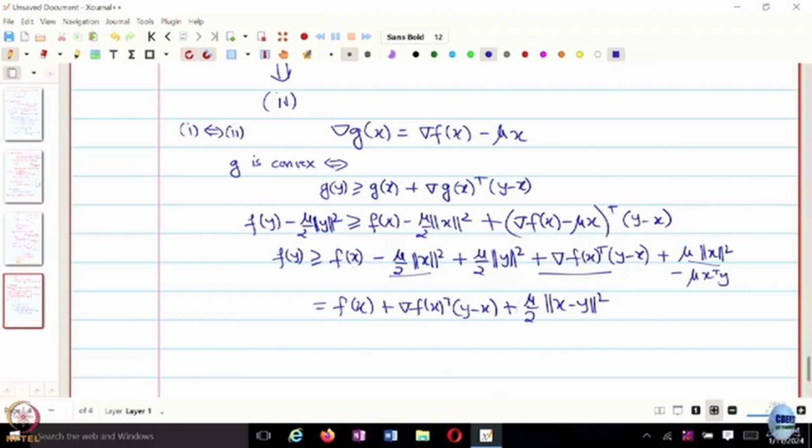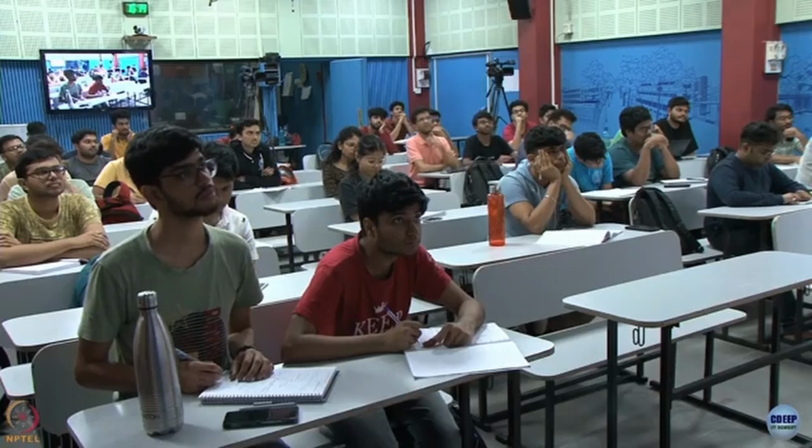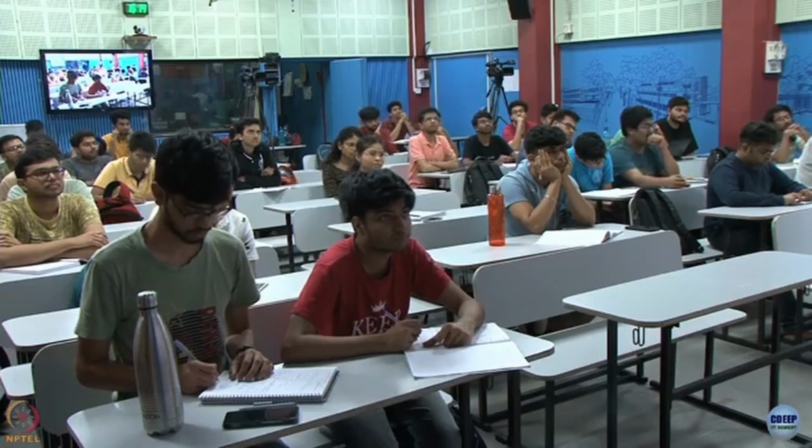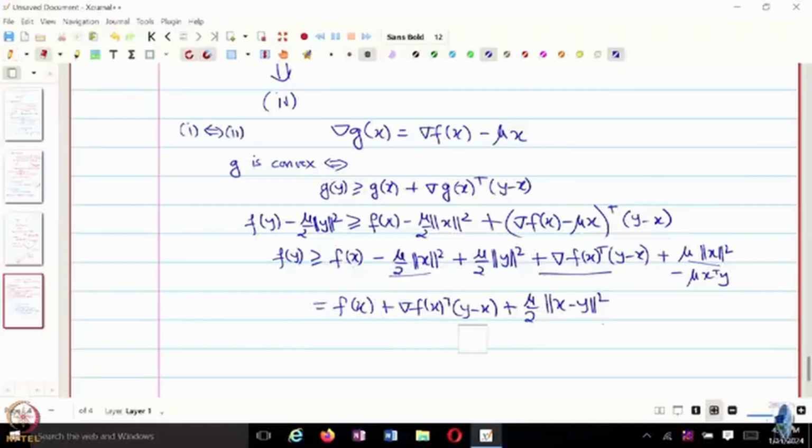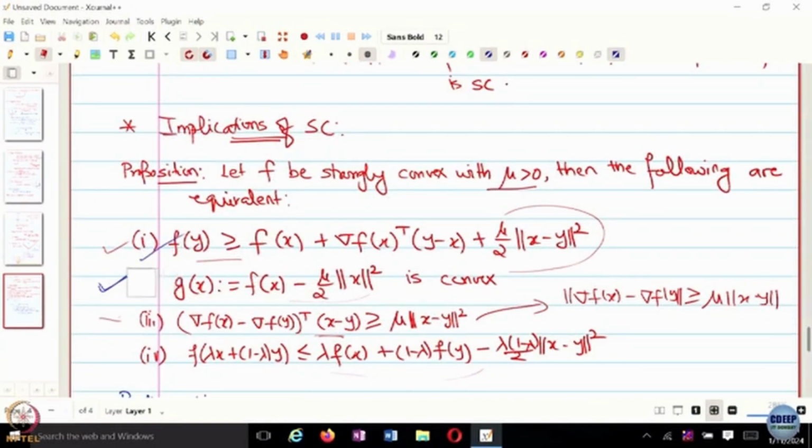If I expand this, you have norm x squared plus norm y squared minus 2 times x transpose y. Any questions on this? So g is convex if and only if f is strongly convex, or this 2 is true if and only if 1 is true.